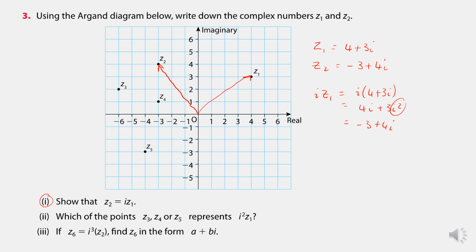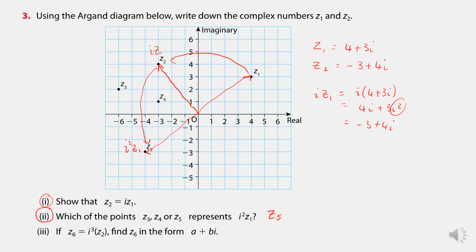We've just rotated it by 90 degrees by multiplying by i, and we got to z2. If we rotate it by another 90 degrees, we'll be 180 degrees from where we started. We end up at z5, so that's i squared z1. So the answer is z5.